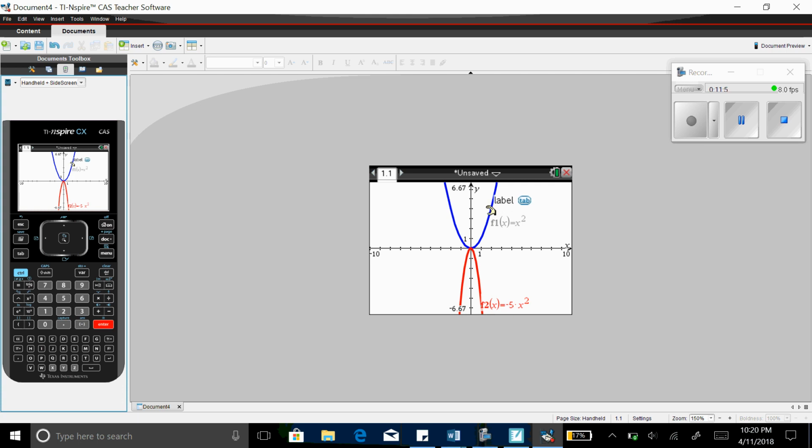There's two changes in this case. We've only talked about narrower or wider, but there's one thing that's different here as well. So first off, how does the red graph compare to the blue graph? Well, the red graph is narrower or skinnier than the blue graph.